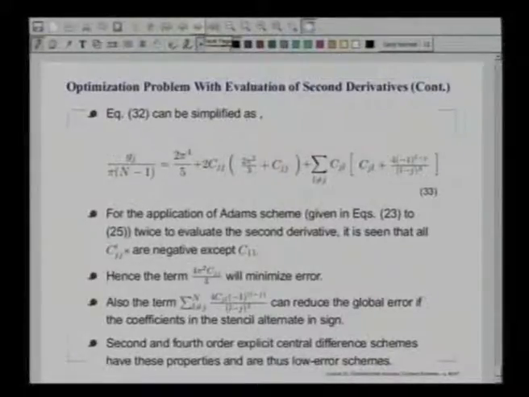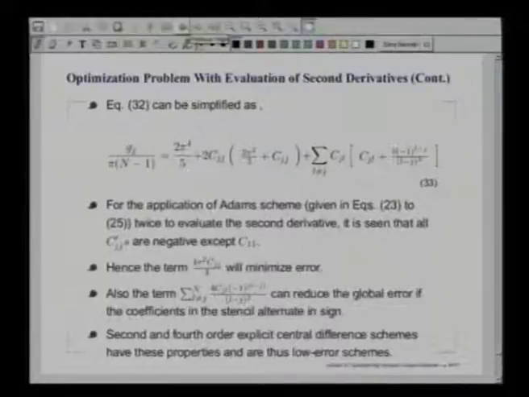Okay. So, I would like to stop here and say that we have stated how we can optimize compact schemes. In doing so, what we really need to worry about is not only the central stencil, but the boundary closures are equally important.